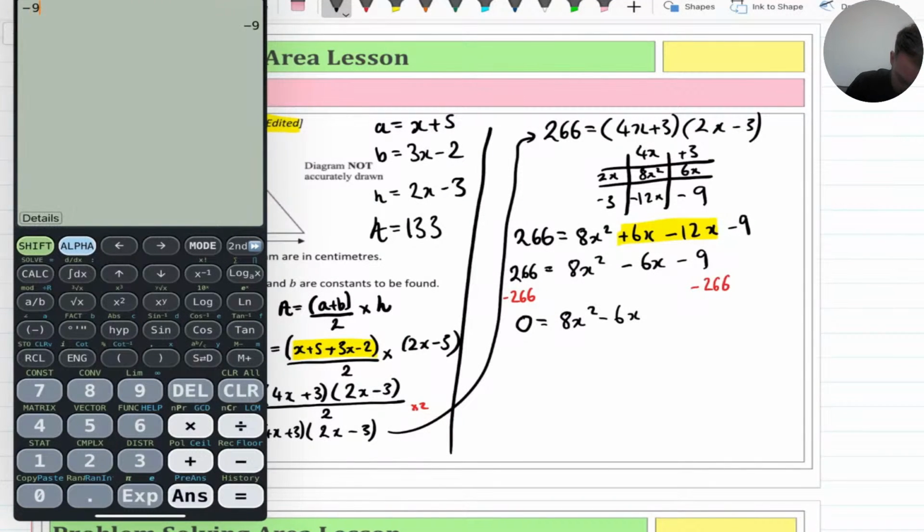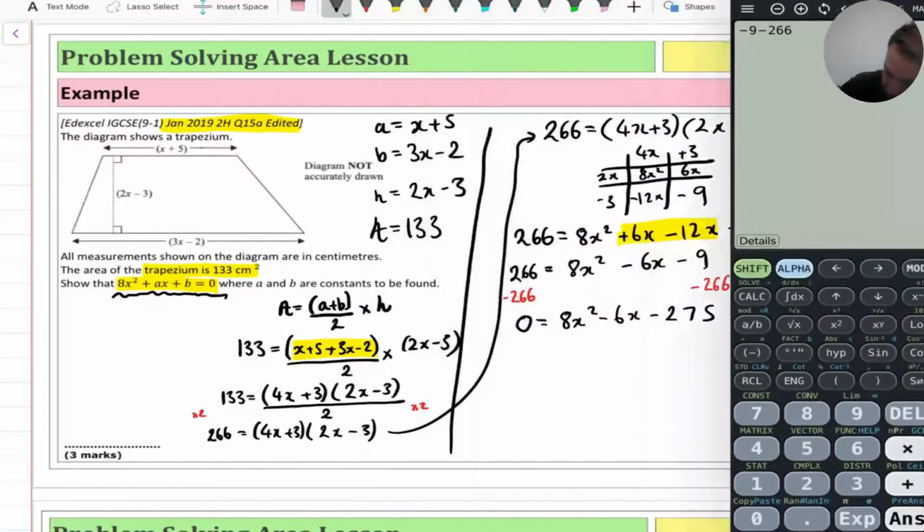Negative 9 take away 266 is equal to minus 275. So minus 275, and that's done.